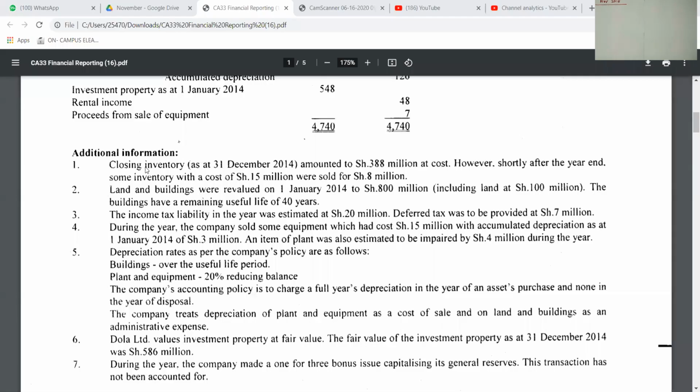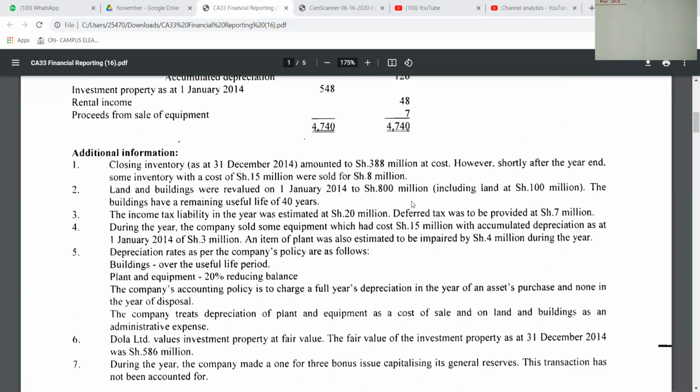So starting the question, we have to start from the additional information number 1, whereby they were talking about the inventory. The closing inventory, we were told that it amounted to 388. That is the cost. However, shortly after the year end, some inventory which cost shillings 15 million was sold for 8 million.